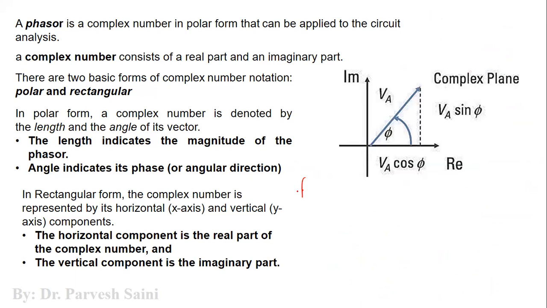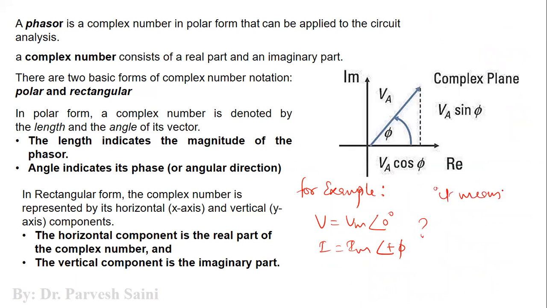for example, if we represent V is equal to Vm angle 0 degrees and I is equal to Im angle plus phi. So what does it mean? It means that your current phasor is leading a voltage phasor by phi.